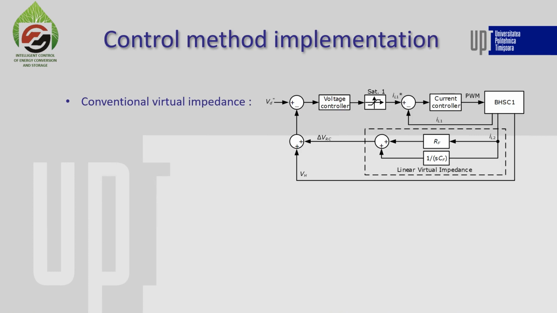The control loop implementation is similar to the implementation for the nonlinear droop with the Zener diodes or nonlinear resistors, in the sense that it has a cascade voltage current control and the virtual impedance is used in the place of the nonlinear resistor.